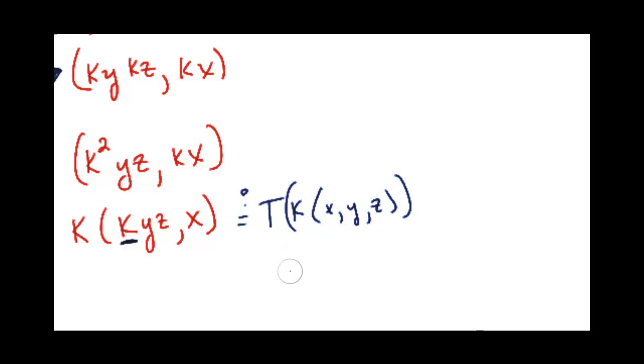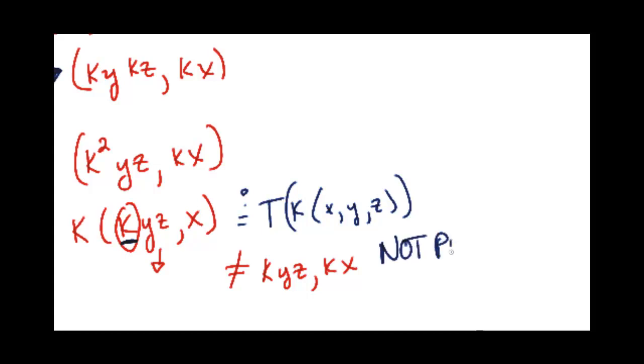Let's do that in red. That would be k yz, comma, kx. And these two do not equal each other because of this extra k right there. So that would tell you that we're not preserved under multiplication. Either way, it's not a linear transformation.